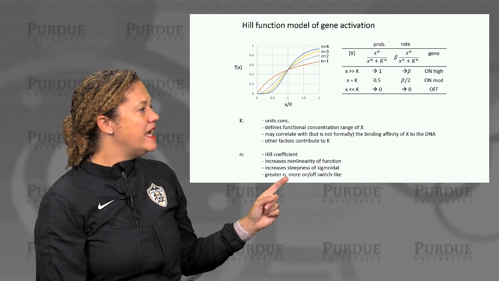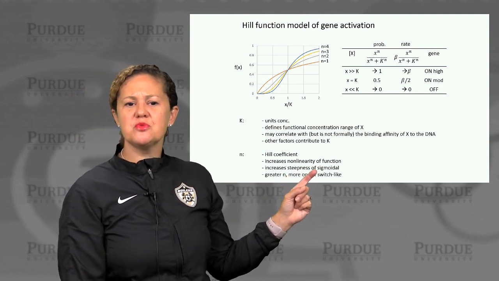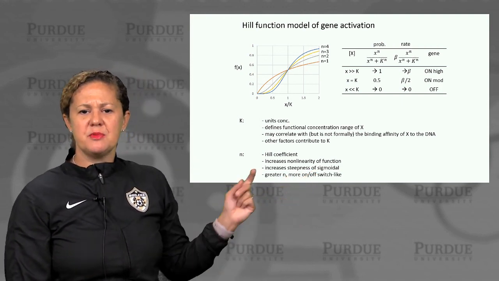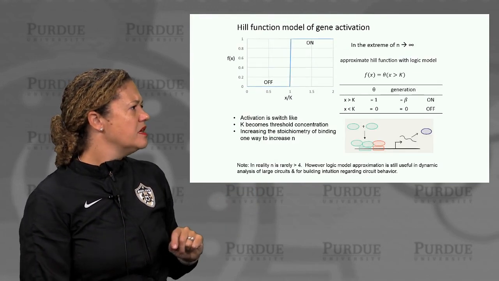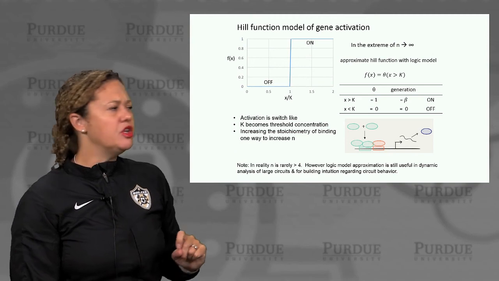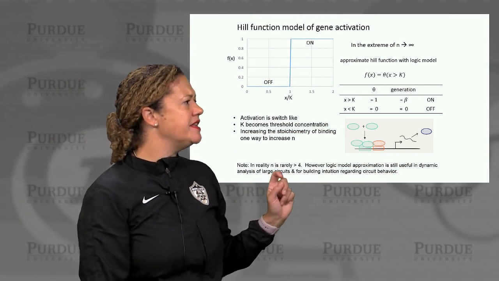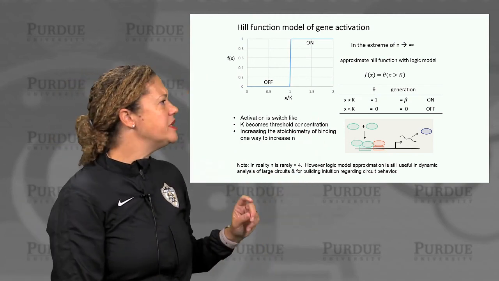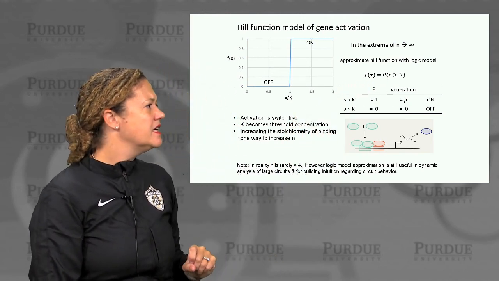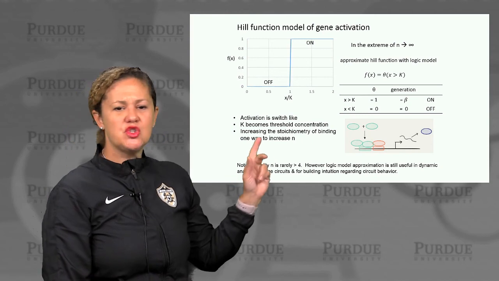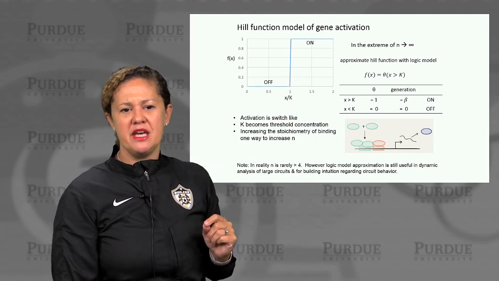So the greater N, the more on or off switch-like our gene expression regulator system becomes. So let's look at that a little bit more closely. It's often useful to look at the extreme case. So if we look at the extreme of N approaching infinity, then we become this switch-like on-off behavior.